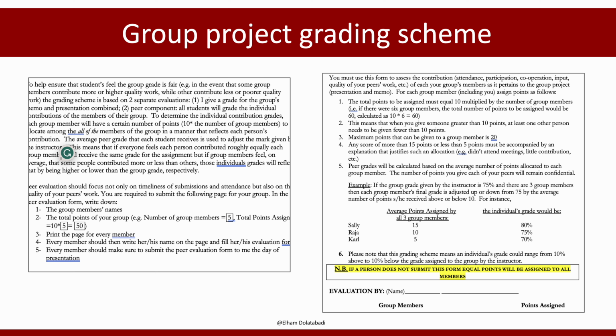And there is another piece. Because the project is done in a group, there are cases where, let's say there is a team of five individuals, three of them are contributing heavily to the project and two don't. So in cases like this, a conflict happens, and what I ask you to do is fill out this peer evaluation form. You can raise your concern here and say, okay, my group mate didn't contribute well and the contribution was 10%.